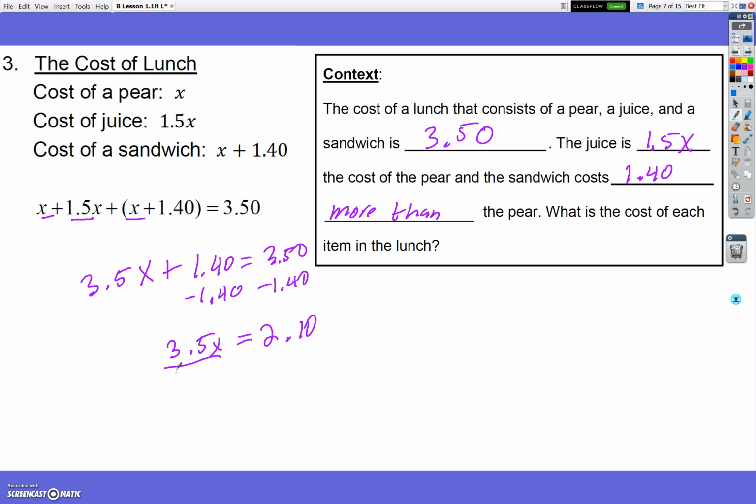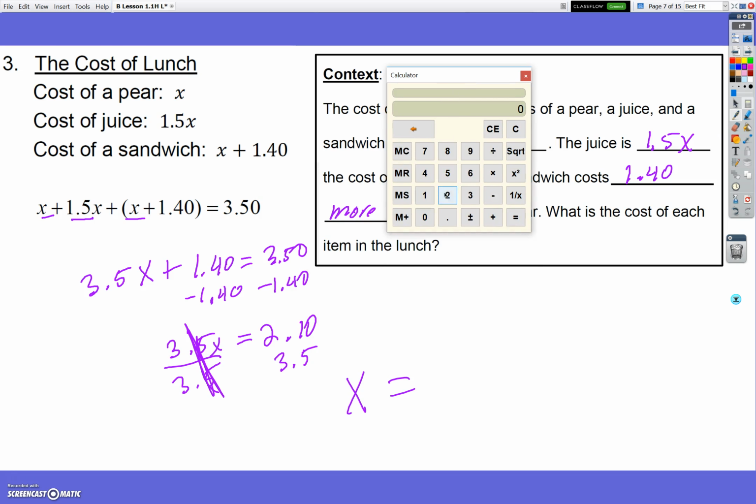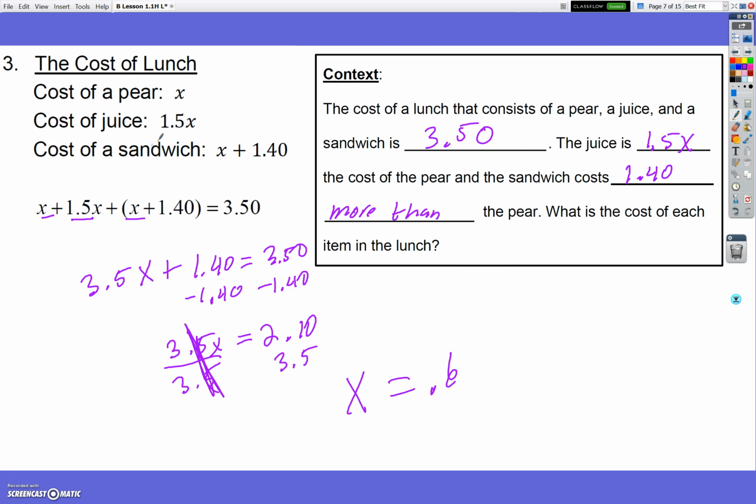So when I divide both sides by 3.5, these cancel, and I'm going to be left with x equals, that's a good time to take out our calculators, 2.1 divided by 3.5, and that means the cost of a pear is 60 cents. So if this is 60 cents, 1.5 of 60 is 90 cents, and 60 cents plus $1.40 is $2.